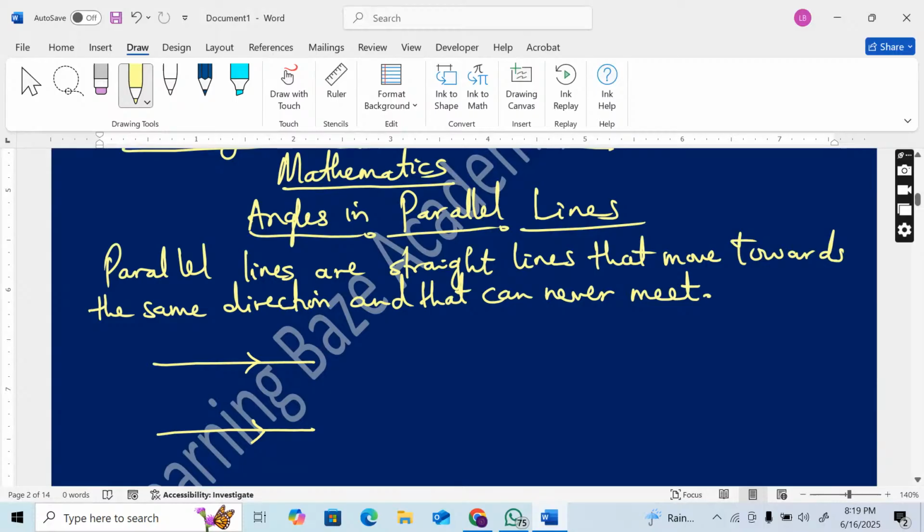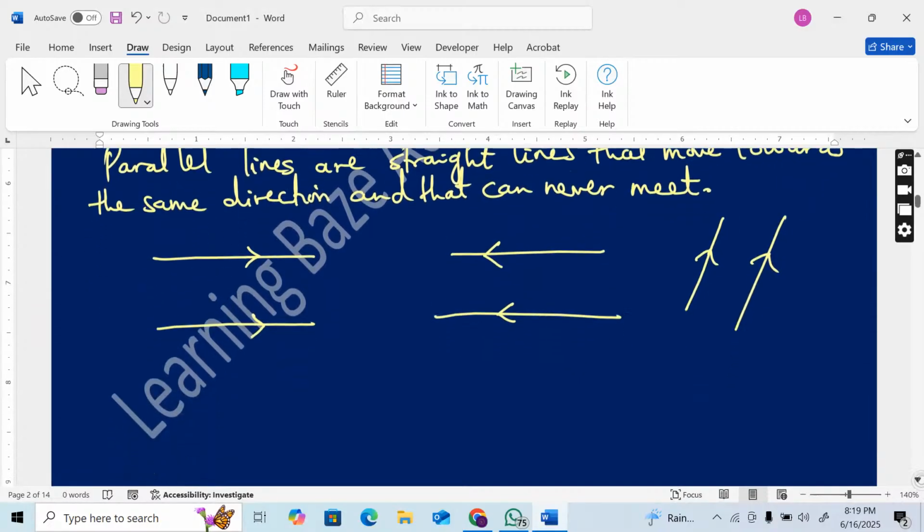These two parallel lines are going towards my right. Some parallel lines may be drawn this same way with their arrows going to the left. So they are straight lines going towards the same direction and they can never meet. Sometimes the parallel lines may be drawn this way. Two lines heading towards the same direction that can never meet.